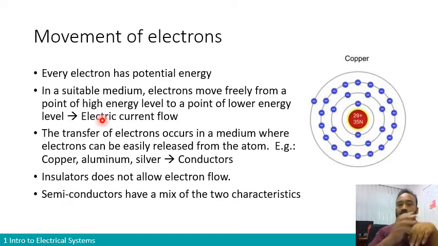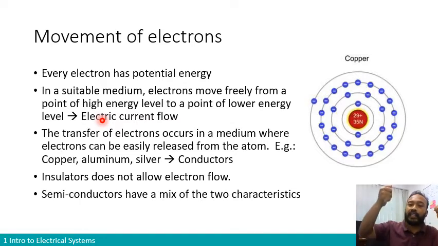And these charged electrons like to move from a higher potential energy to a lower potential energy. This is true for everything. For example, in fluid mechanics or even for a mass, if you put something at a certain height, it has a higher potential energy, but when you release it, it will fall down to the earth.